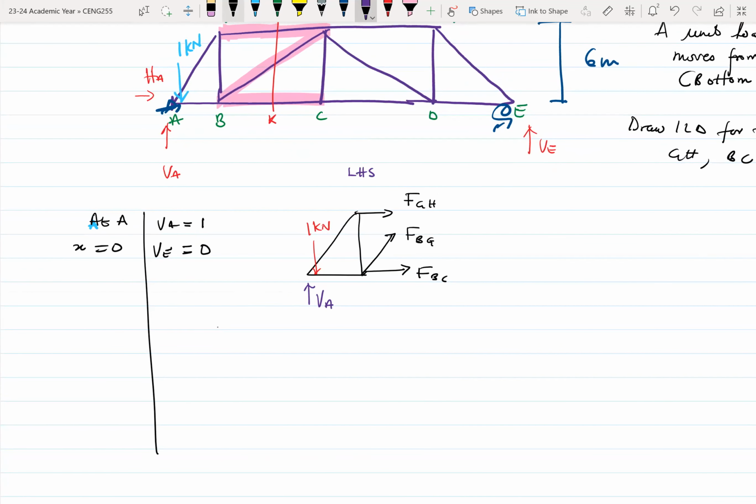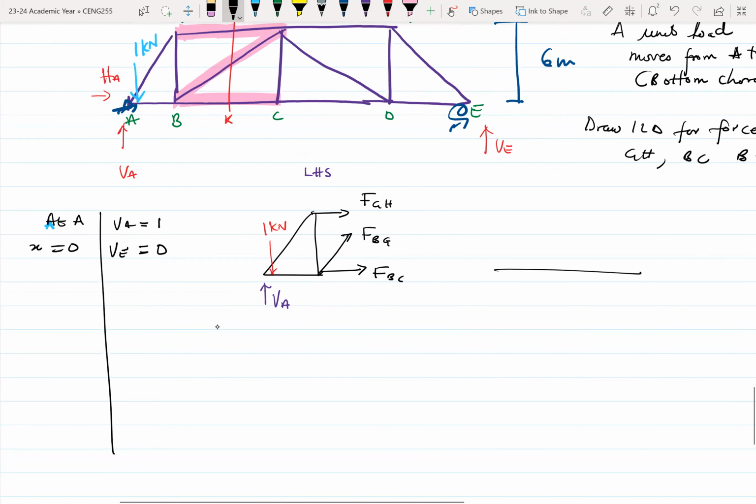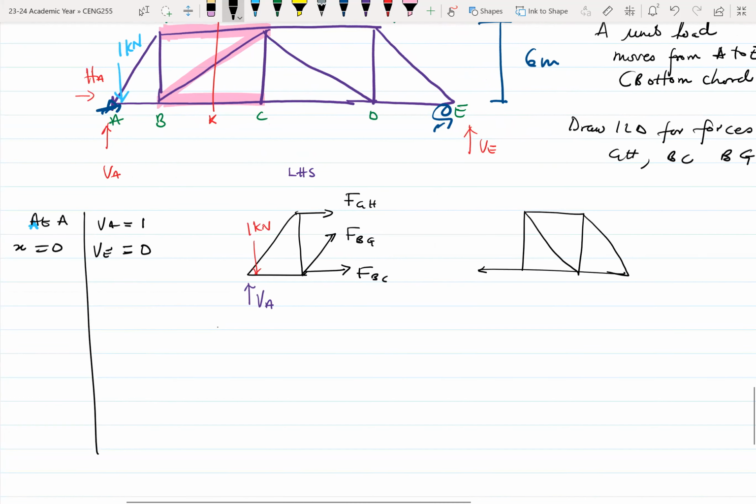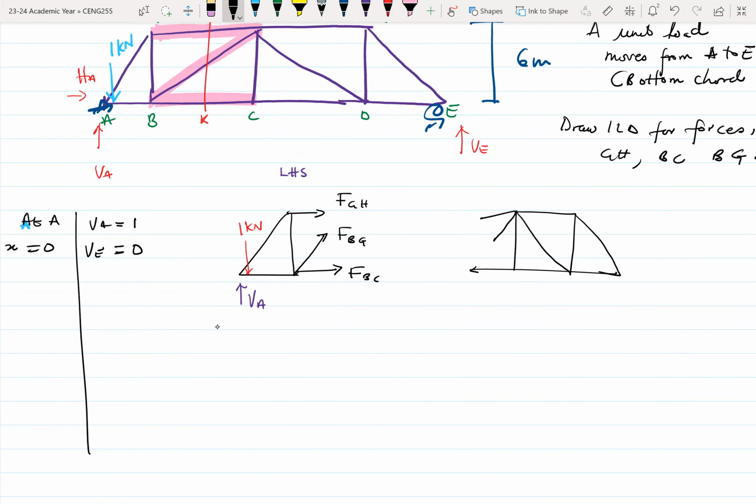I can do the same thing on the right-hand side, just so that we see what goes into these calculations. So this is what we have from this end.